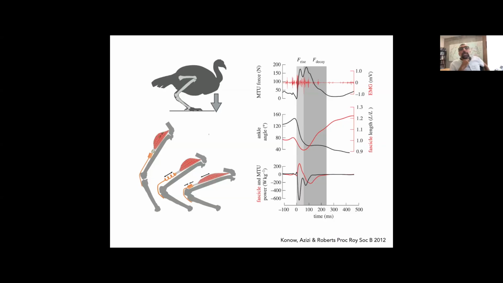I don't disagree. I think that's absolutely true. Certainly, at the very least, 10% of that energy is going to be dissipated by the tendon itself because it's got hysteresis, probably more like 20.